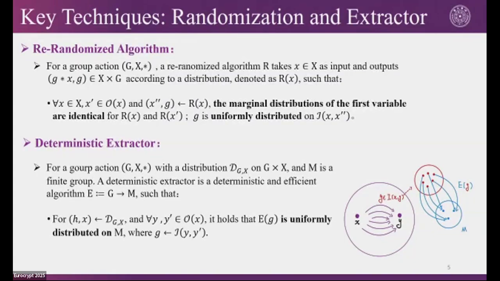The red point indicates the group element that maps x to y, and the blue point indicates the group element in M. So if g is uniformly distributed on such coset, E(g) will be uniformly distributed on M.